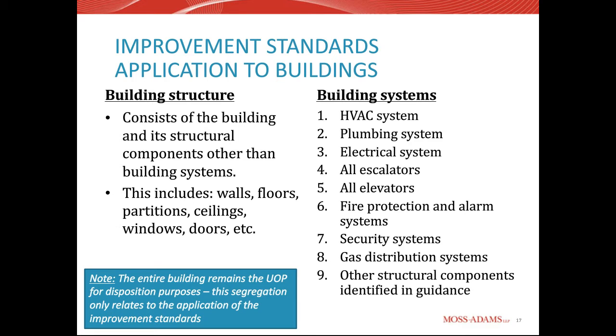As a result of the tangible property regulations and the identification of the unit of property, the IRS now changed how you evaluate improvement versus repair and broke it up into 9 different building systems.